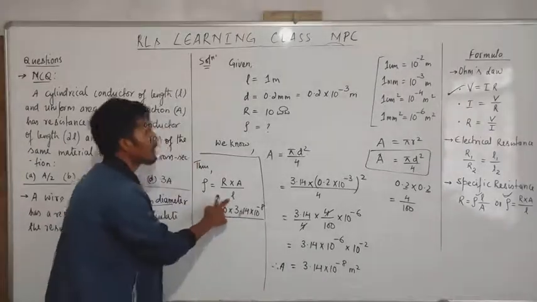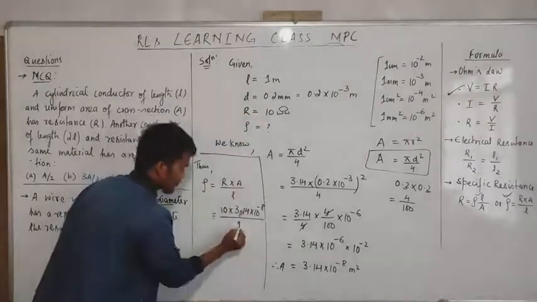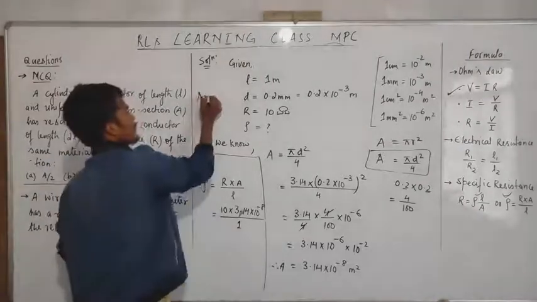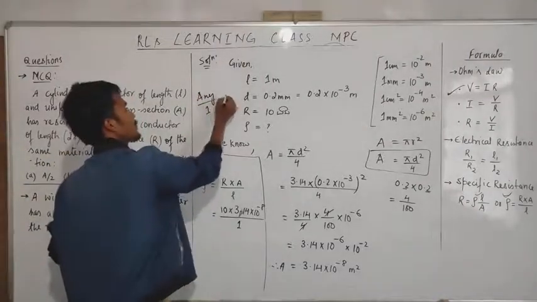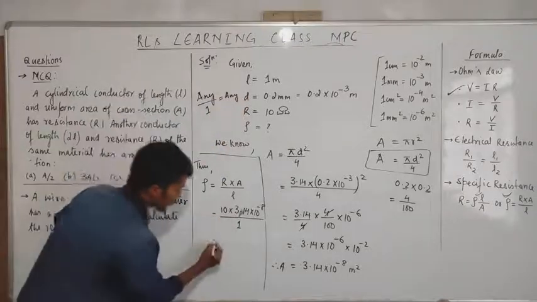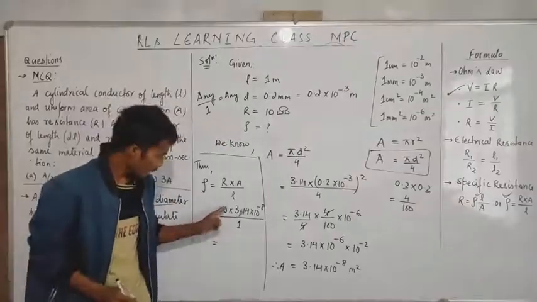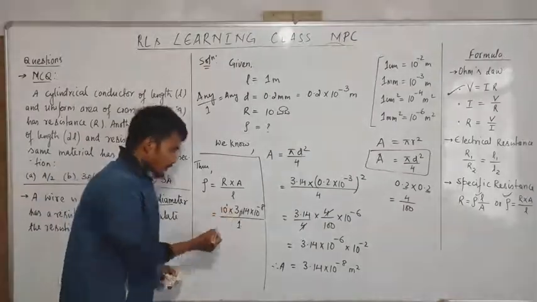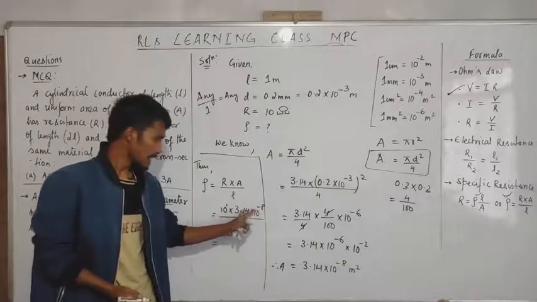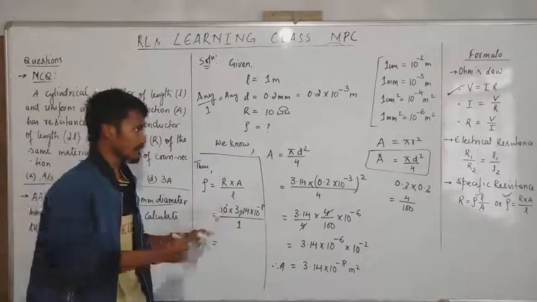Then divided by L. L is how much? 1 meter. Anything divided by 1 will be equal to anything. But here now look, here how many 0? 1 0. And here will be minus 8. Then minus 8 and plus 1 will be minus 7.